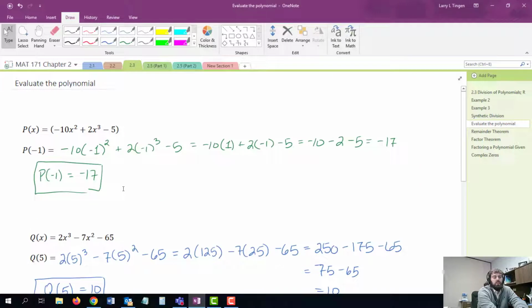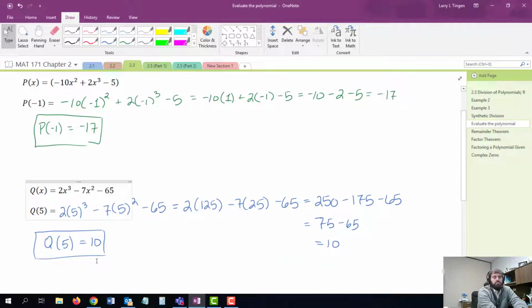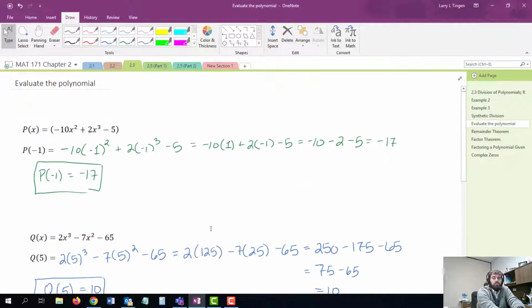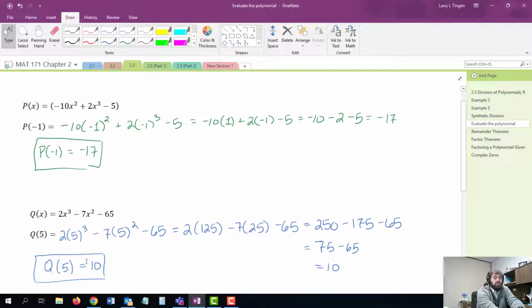When I evaluate this Q of x, 2x cubed minus 7x squared minus 65, at 5, I get 10 out, right? So 5 went in my little box, and when I did synthetic division, my remainder and my evaluation turned out to be the same number.